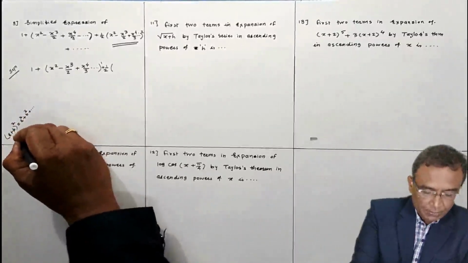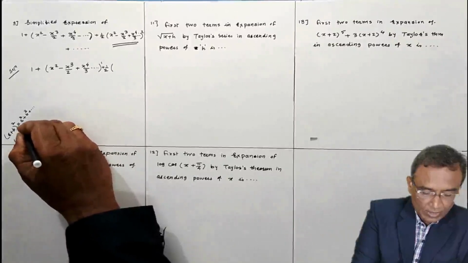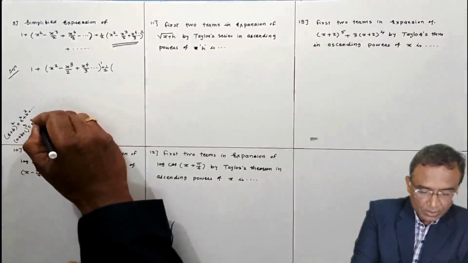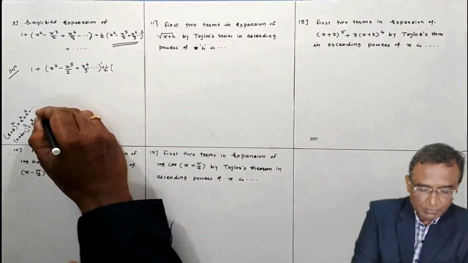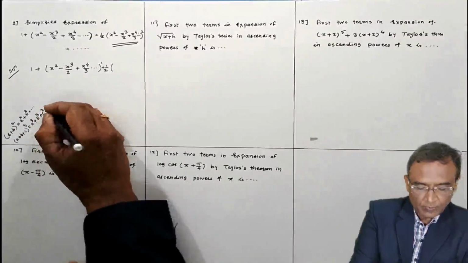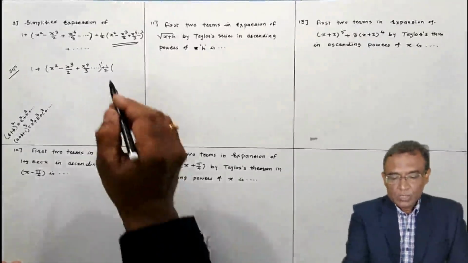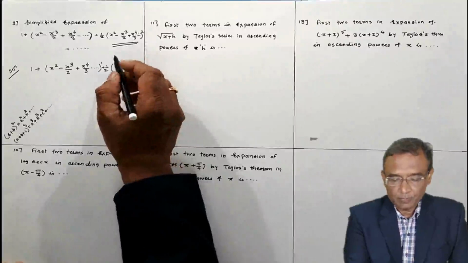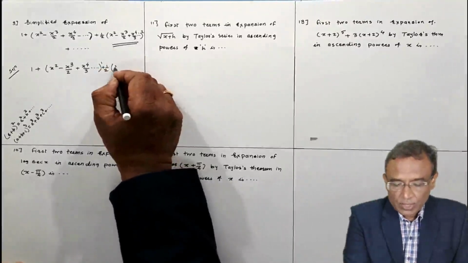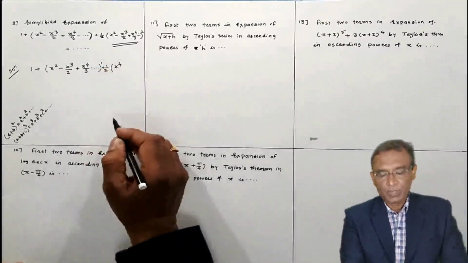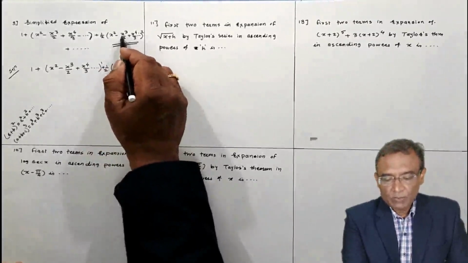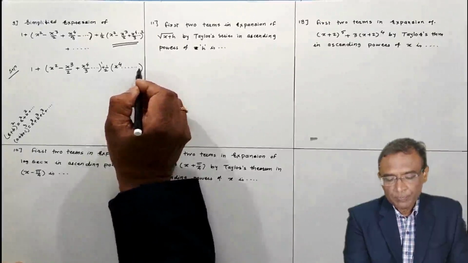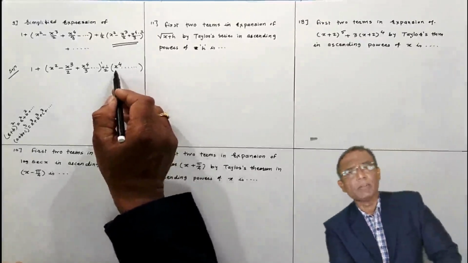The square of a plus b plus c contains at least the square of each term, and many more terms are there. Means the square of this infinite bracket contains at least the square of each term. See, square of x square is x to the power 4. Square of this will be this term x to the power 9 by 4 and so on. There are many terms. Only the first term I have written.